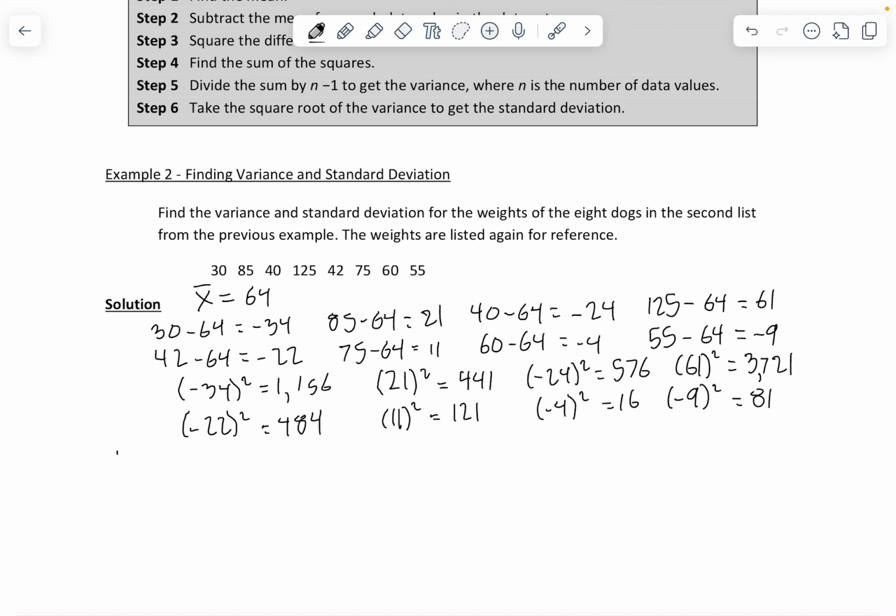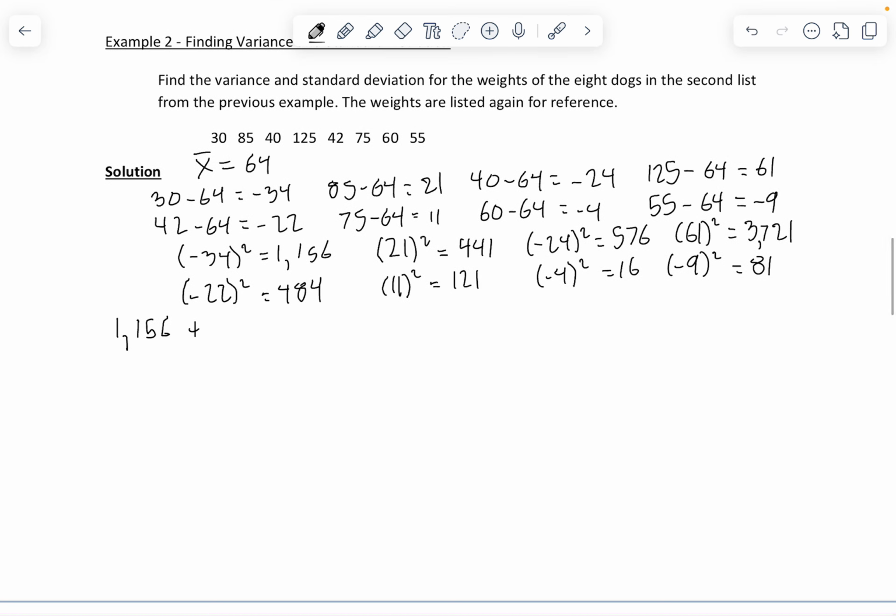So that's going to be 1,156 plus 441 plus 576 plus 3,721 plus 484 plus 121 plus 16 plus 81.